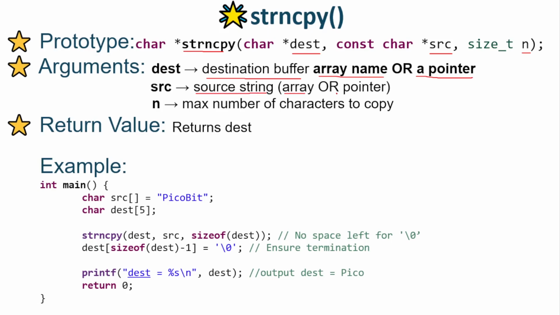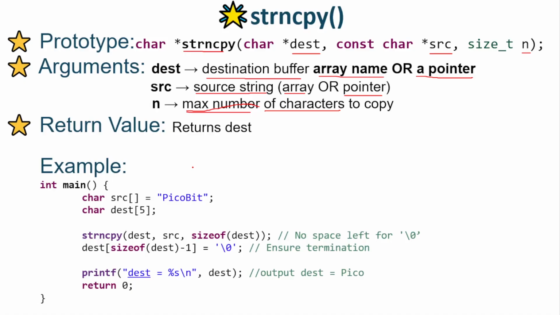In this example, the string src contains the text picobit, which has 7 characters plus a null terminator, while the destination array dest has a fixed size of only 5 bytes. Then the strncpy function runs.